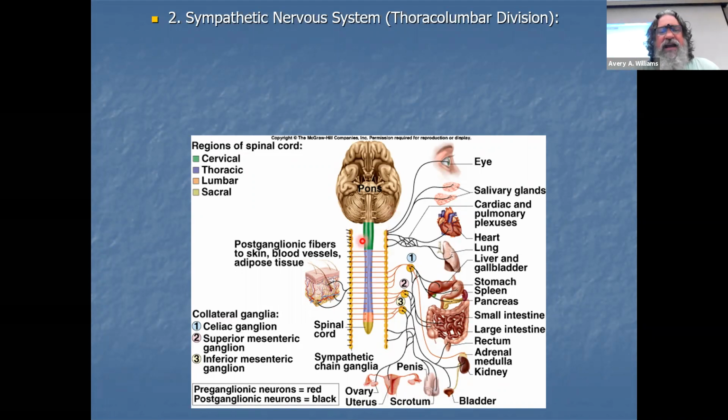These are the paravertebral ganglia or the sympathetic chain ganglia. And then the actual nerves that innervate the effectors go from here out. They're real long, so they're structurally different, and they're functionally different because they release norepinephrine. And that's the fight or flight division, right?